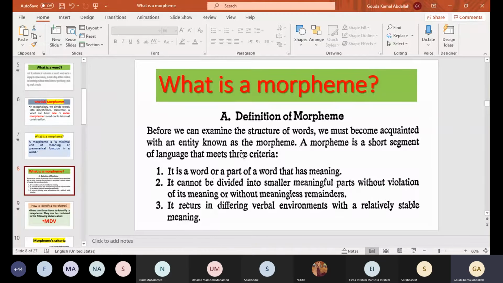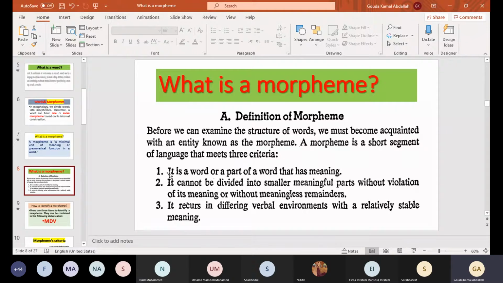But how can we identify a morpheme? How can we know this is a morpheme and this is not a morpheme? According to Stageberg, the author of this handout, we have three conditions, three criteria, three ways to help us know that this is a morpheme while this is not.